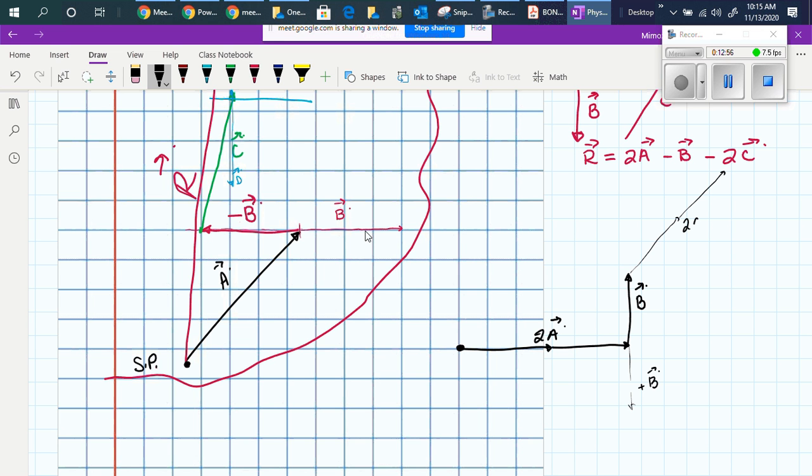So this will be 2C. Since it is negative 2C, you will extend it in the opposite direction, like this. And this will be negative 2C. And closing the polygon, or drawing a vector that starts at the starting point and ends at the end point, will be the resultant vector.